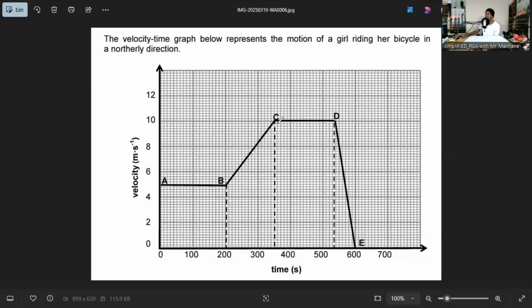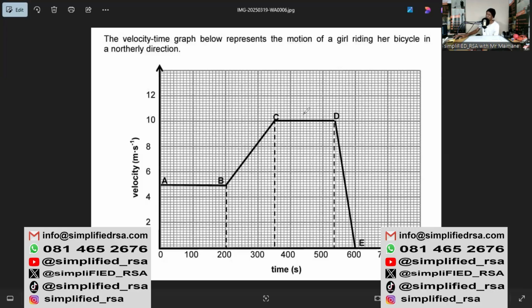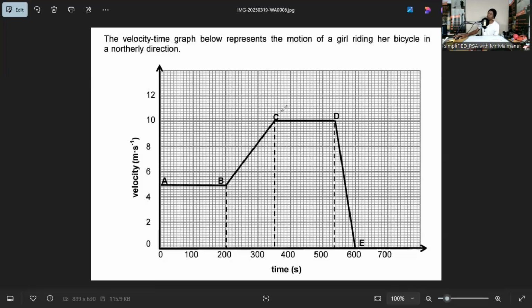So velocity has been 10 meters per second from point C, and it still remained 10 meters per second at point D, which means that the velocity is constant through CD. And constant velocity means we have zero acceleration between C and D. That would be the answer for 4.3.2.